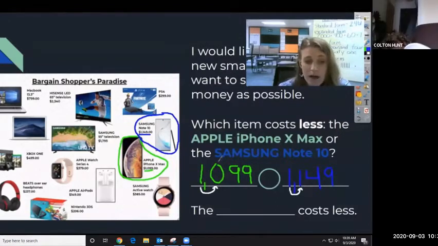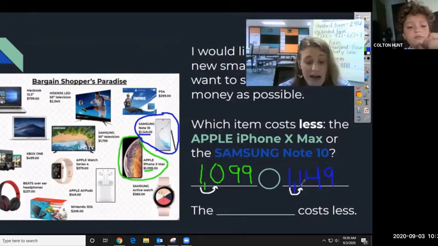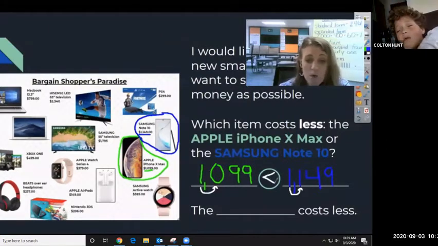The iPhone has a 0, so it costs 0 hundreds, 1,000 0 hundreds. The Samsung Note 10 has a 1 in the hundreds place, so this costs 1,100. Already I know that the Samsung Note 10 is more expensive. So the item that costs less is the iPhone X Max.